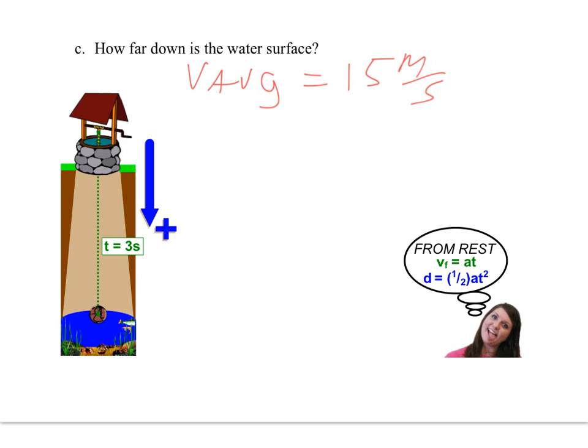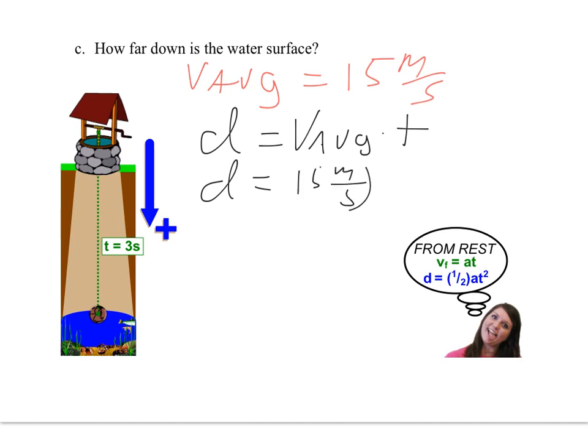We've seen this a couple times now, where if we want to know how far, we just take that average velocity and multiply it by the time. So D is equal to that 15 meters per second from part B times the time of 3 seconds. When we calculate, we get a distance of 45 meters. There's nothing wrong with that. It's a perfectly correct answer.